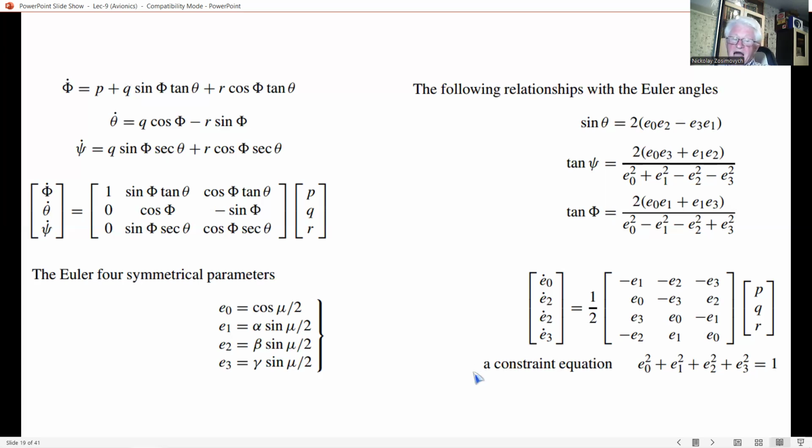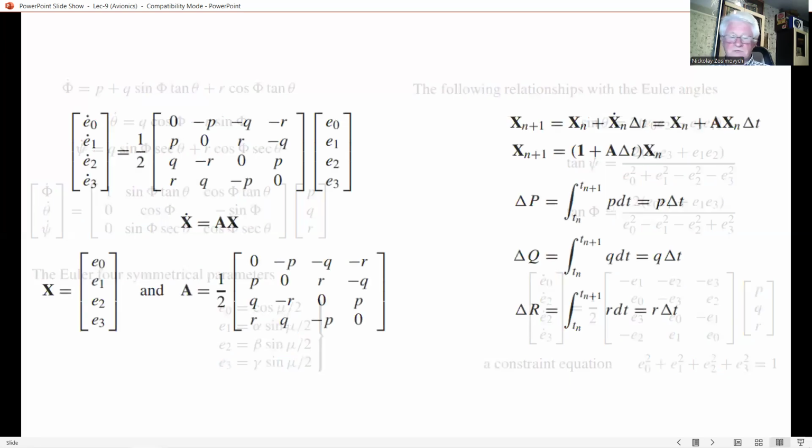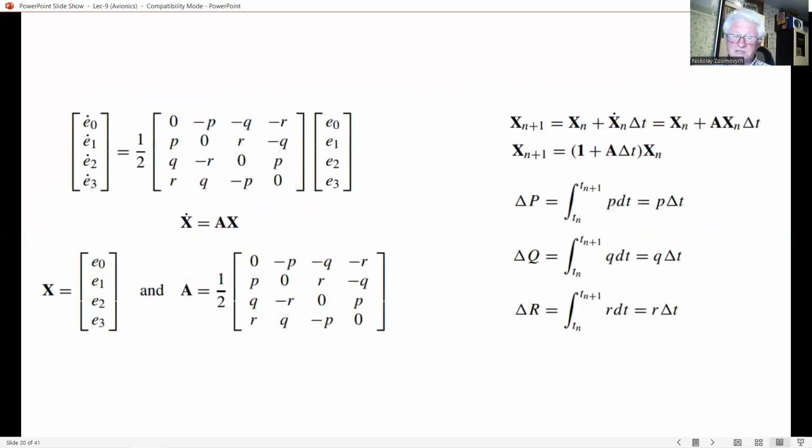Because four parameters are being used to describe the orientation when only three are necessary, a constraint equation exists in this form: E0 squared plus E1 squared plus E2 squared plus E3 squared should be equal to 1. These two equivalent equations have great advantages over the equivalent Euler-angle equation.